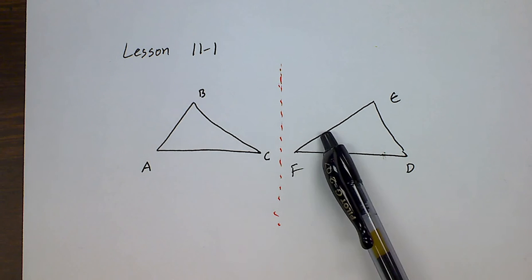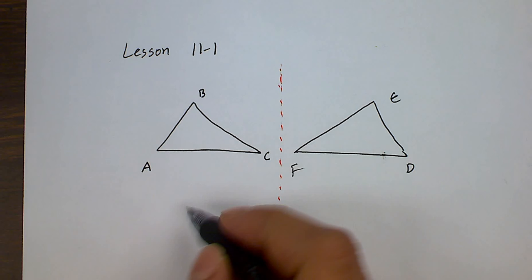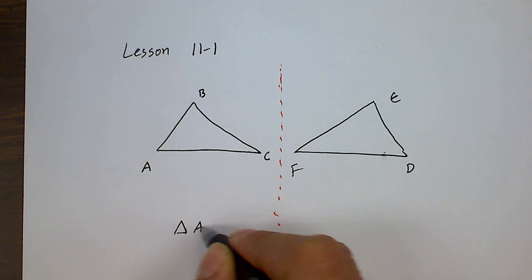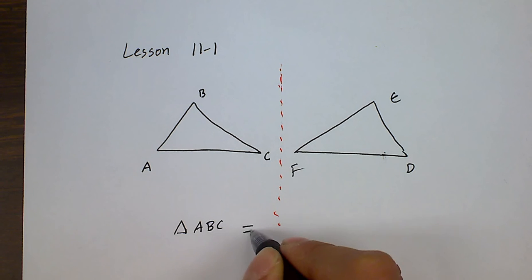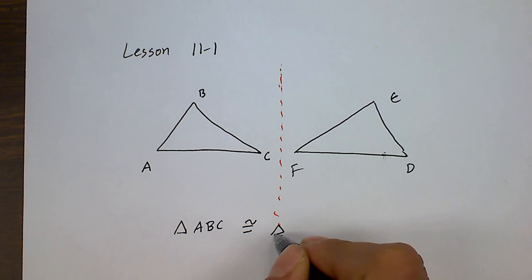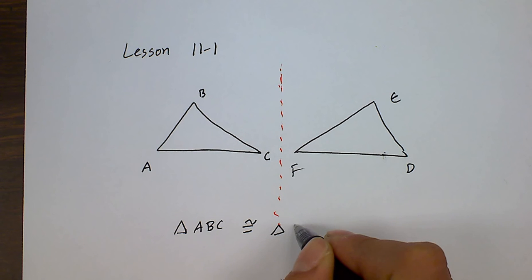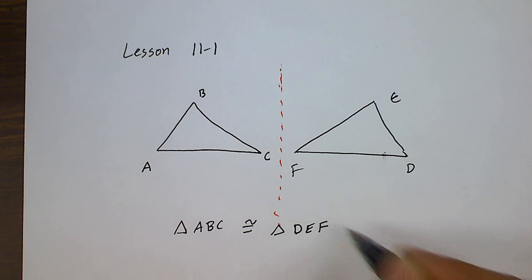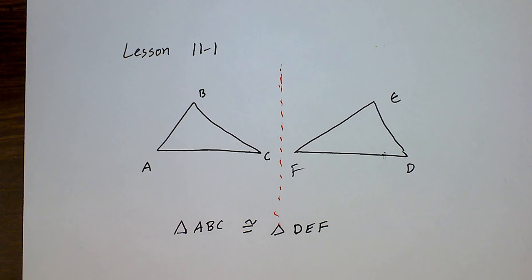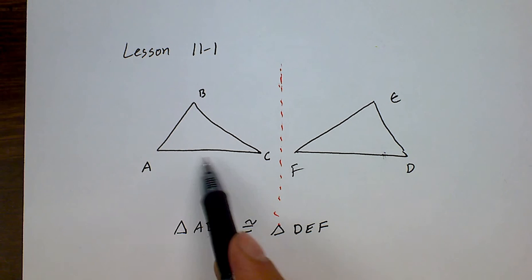So what we're saying is that triangle ABC is congruent to triangle DEF. Now, the way you write this name, it has to be corresponding to the angles and sides.